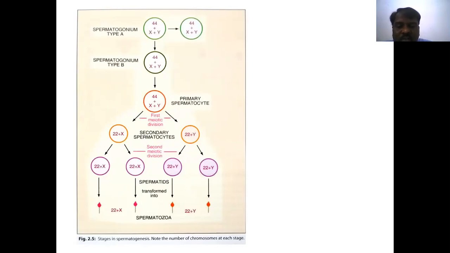Here, two cells of equivalent size form, 22 plus X and 22 plus Y. These become secondary spermatocytes, and in the second meiotic division we identify 22 plus X, 22 plus X, 22 plus Y, 22 plus Y. Here four spermatids form, whereas in oogenesis a single ovum forms. But here four sperms form, from spermatogonium to spermatid to spermatozoa. This formation is known as spermatogenesis.